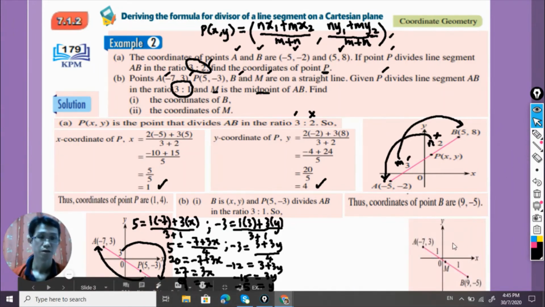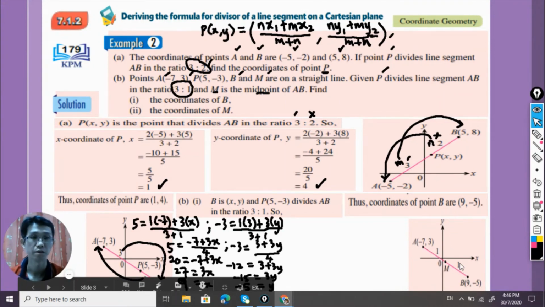We draw a similar line segment with endpoints A and B, with the coordinates of B found earlier in B1, which is 9, -5, and you should put the coordinate M, the midpoint of AB, exactly at the center of the line segment AB. Because M is the midpoint of AB, in other words, the ratio of m to n should be 1 to 1.